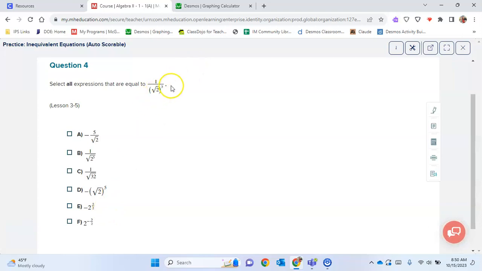The square root of 2 to the 5th power is the same as the square root of 2 to the 5th power. These are the same. 2 to the 5th power is 32, and the square root of 2 to the 5th power is the same as 2 to the negative 5/2 power.